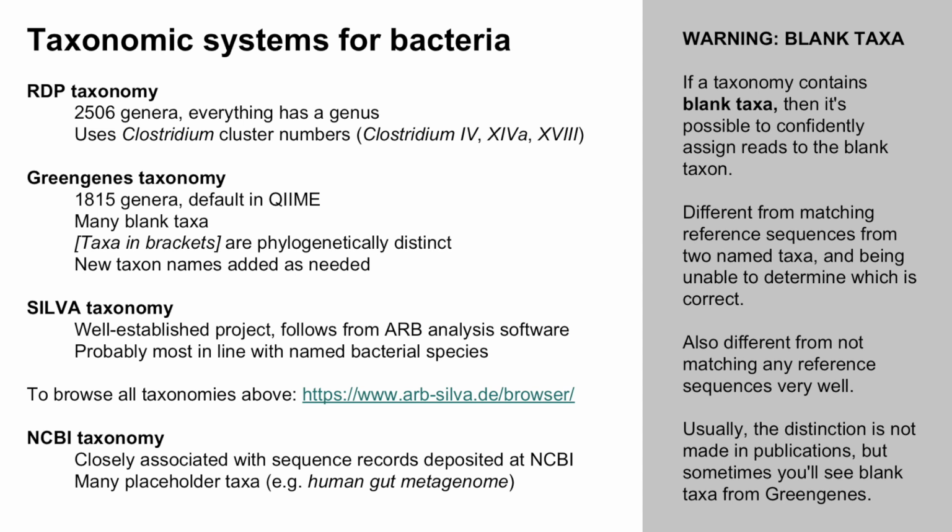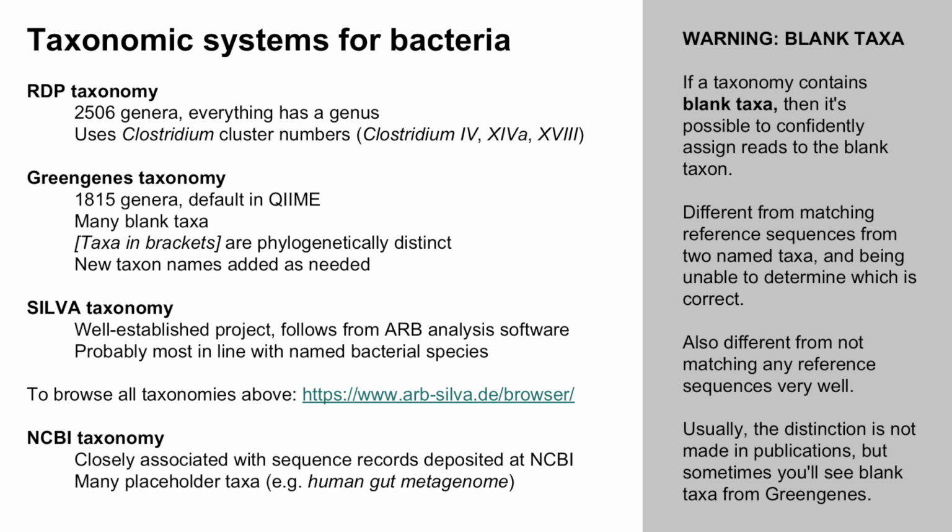But then as a result, you can hit conclusively to a blank label, or you can not hit very well to any labels, and there's a weird difference between that. I usually don't pay attention to that, but just be aware that it pops up in papers. You'll see sometimes that something's named blank. It's because we had to put in blank labels in this taxonomy to make it compatible with this.